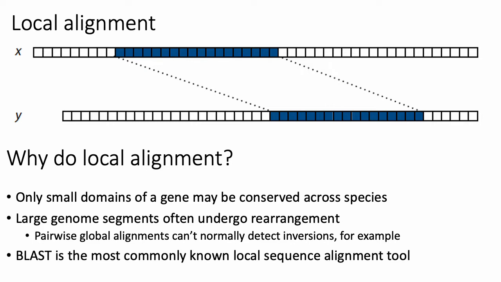Suppose that you have, for example, 2 genomes that have diverged hundreds of millions of years apart, and there's very, very little sequence identity globally between them. This is one example of a case where you might want a local alignment, where you might presume that there exist some smaller segments of your genome, say individual genes, that you think are highly conserved between a pair of species, but you think globally the two genomes are very different.